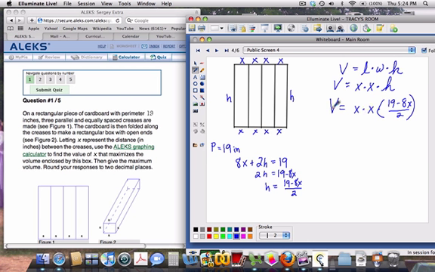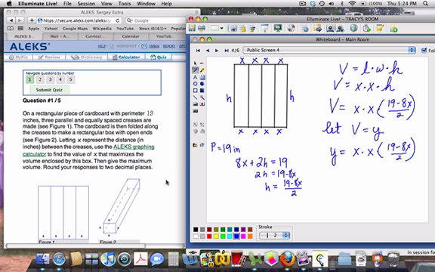The only thing we need to do is let v equal y, because when using a graphing calculator, there's not a v. We need to use x and y in our formula. So we're just going to say y equals x times the quantity of 19 minus 8x over 2.